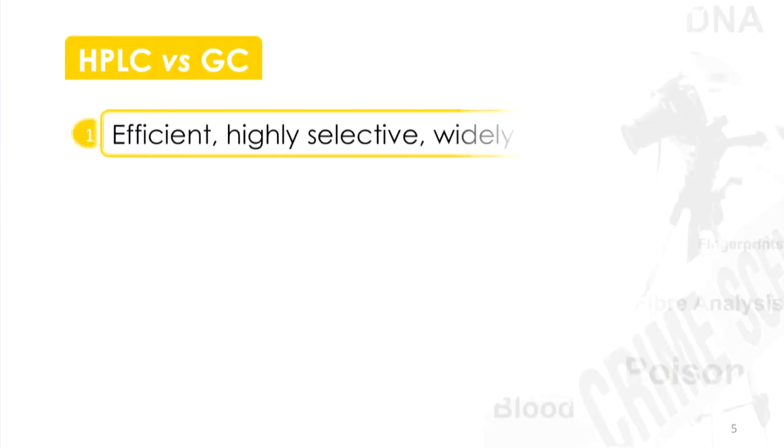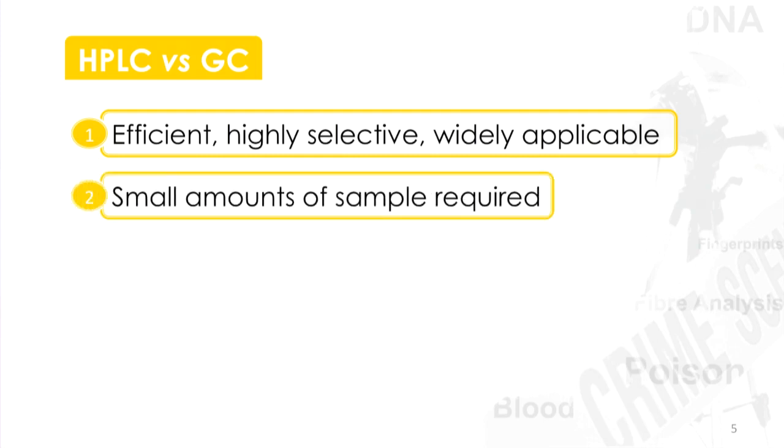So which is better, HPLC or GC? Both methods are very efficient, they're very selective, they can resolve a great number of compounds, and both of them are widely applicable. In both cases, the detectors are very sensitive, so you only need very small amounts of sample in order to complete the analysis.